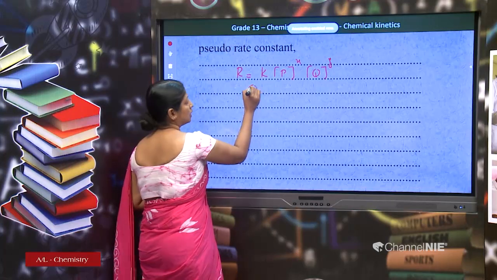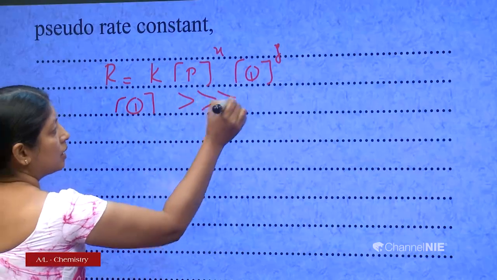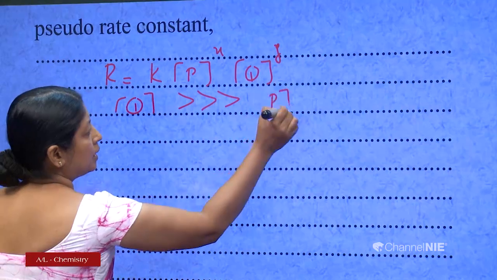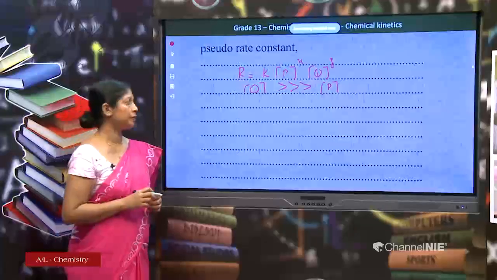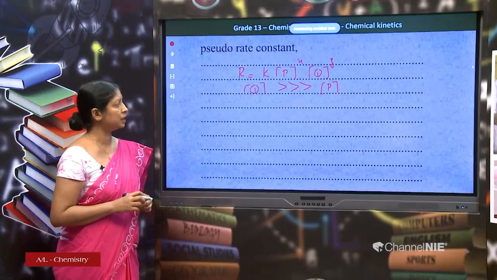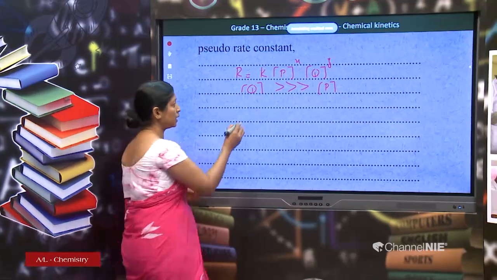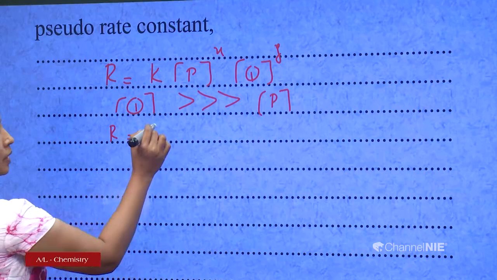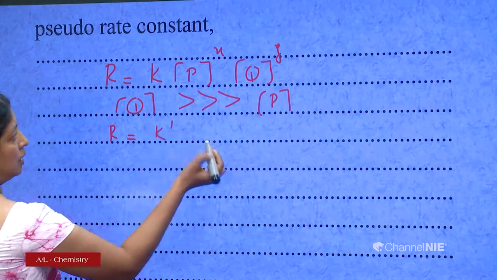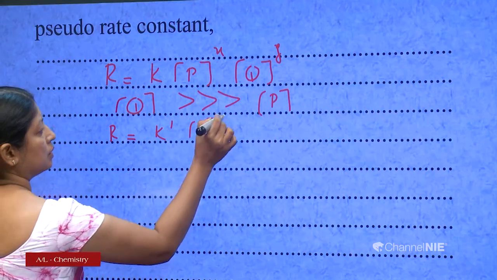The concentration of Q is much larger than the concentration of P. Therefore, we can assume that throughout this experiment the concentration of Q remains constant. So, I am going to rearrange this rate expression like this: R equals K dash into [P]^x.